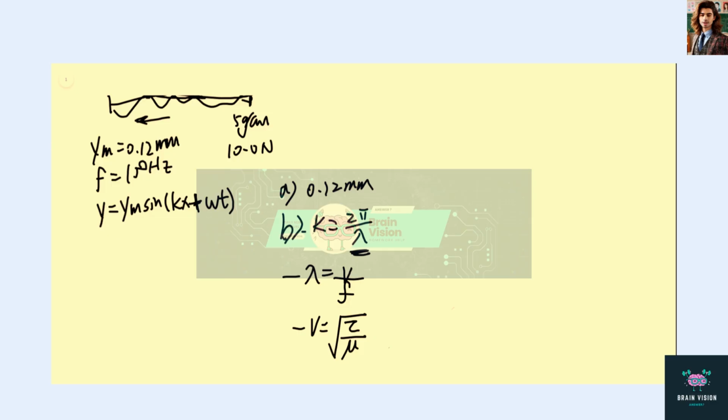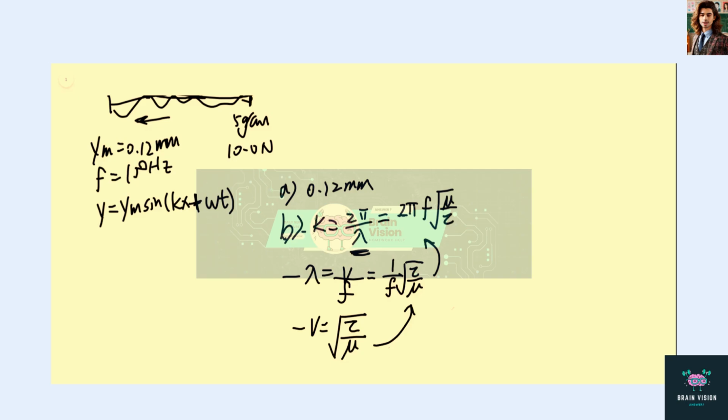So I plug this into the previous equation, so lambda equals 1 over f times this. Then I plug this into the previous equation, and I find the expression k equals 2 pi f times the square root of mu over tau.